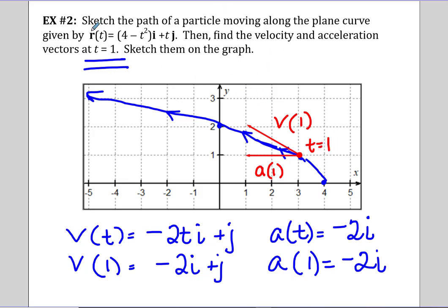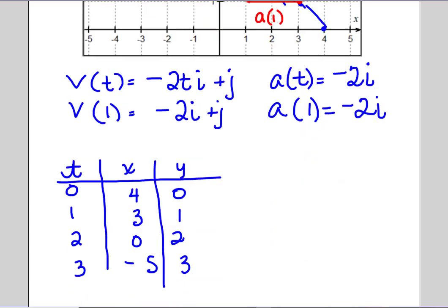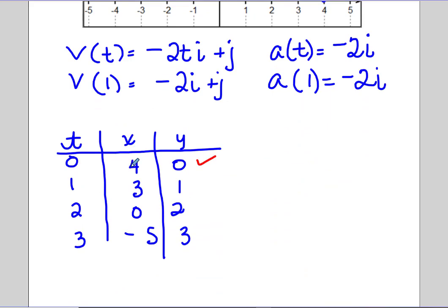Now, what I didn't show you is I used my calculator initially to draw this graph. And if you substitute starting at time is 0, you see that when time is 0, our x is 4 and our y is 0. So that was my initial ordered pair 4, 0.